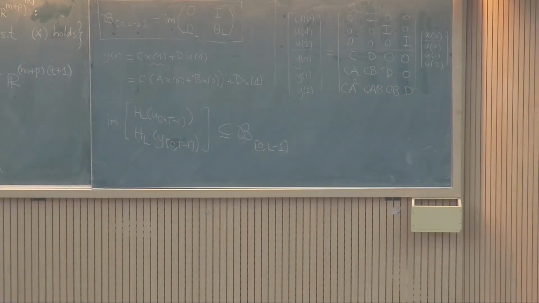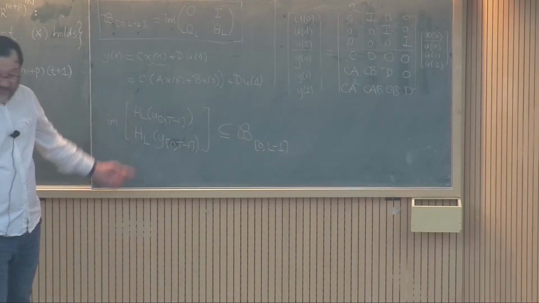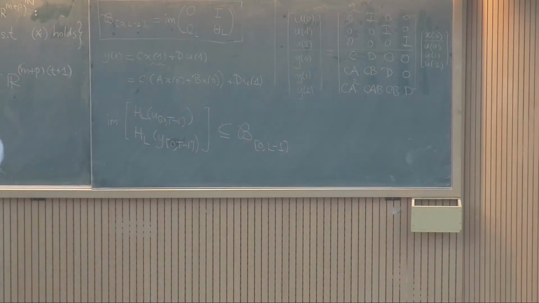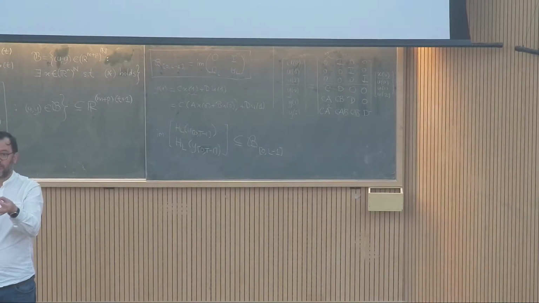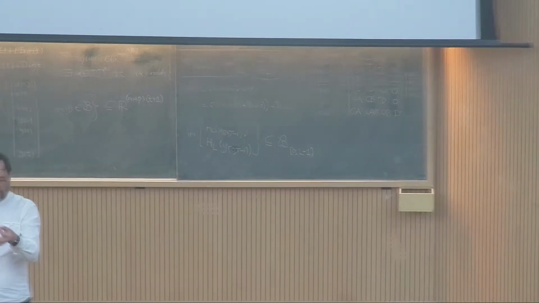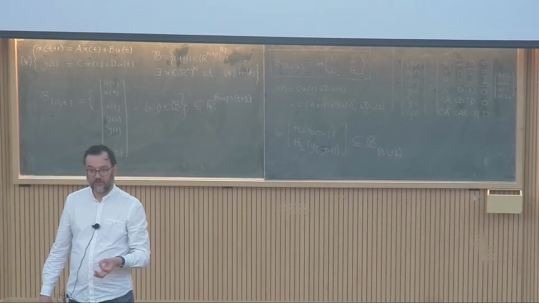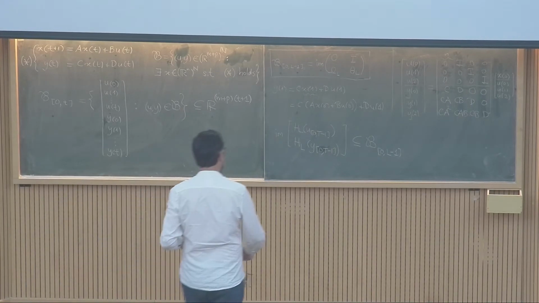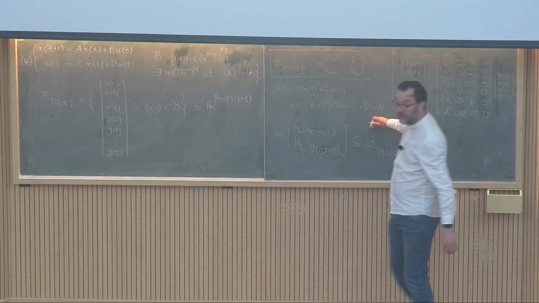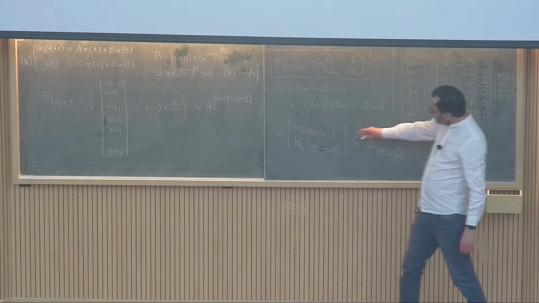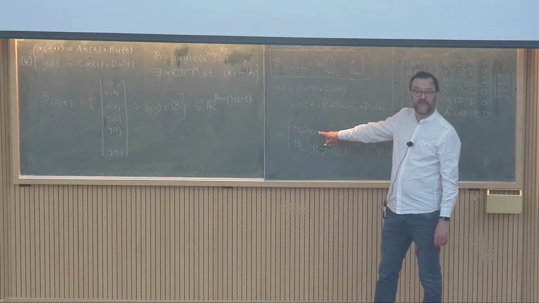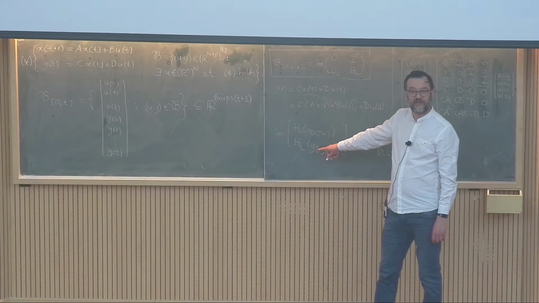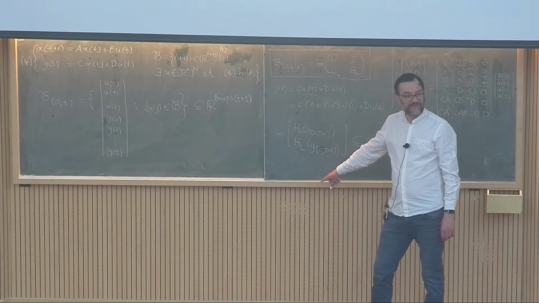And why is that so? Because if you look at the Hankel matrix here, the first column starts with U0 up to U of t minus 1, Y0 up to Yt minus 1. That has to belong to this restriction anyway. The second column, though, starts from U1 and runs up to Ut, Y1 up to Yt.